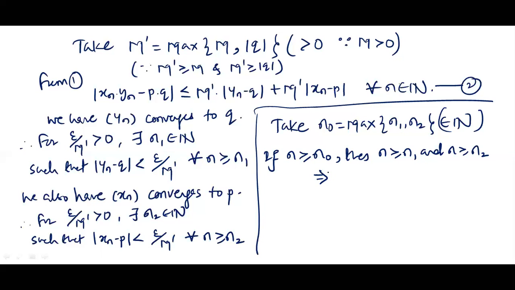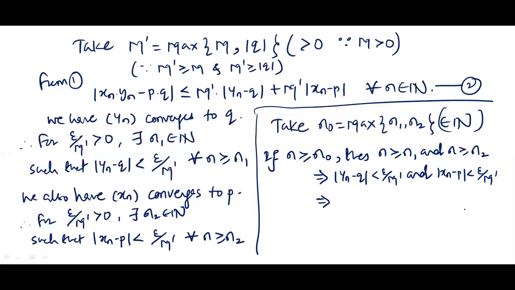It implies, for n greater equal n1, mod of yn minus q is less than epsilon by m dash, and for n greater equal n2, mod of xn minus p is less than epsilon by m dash.